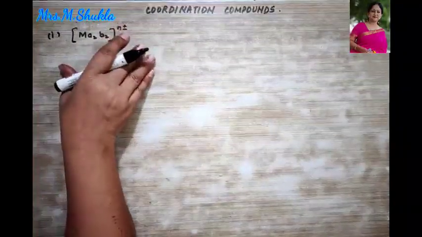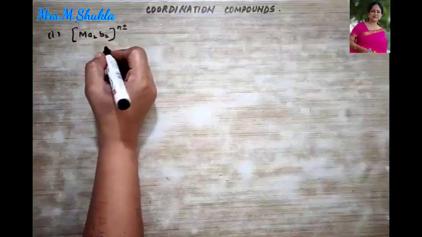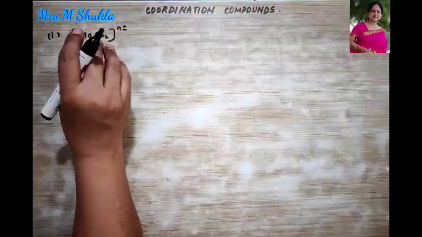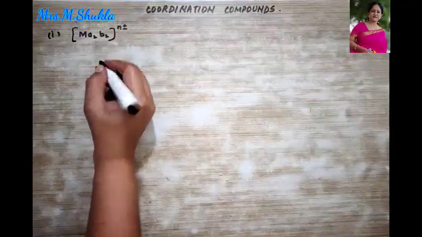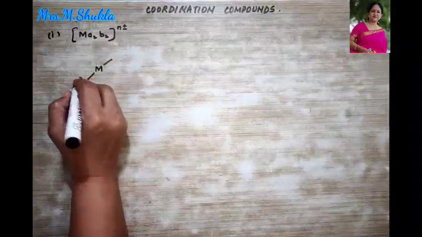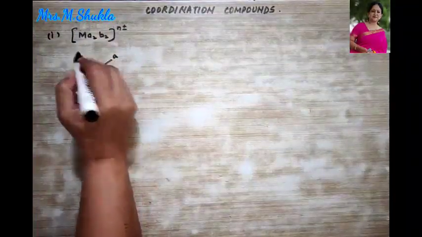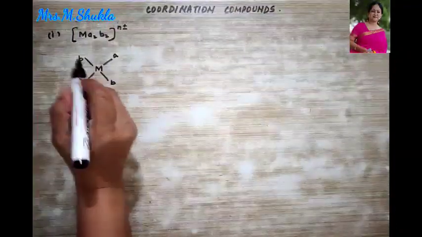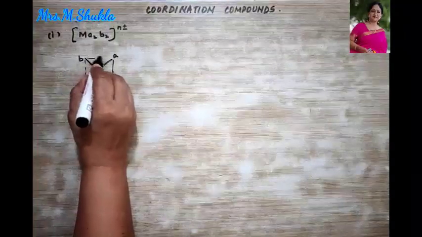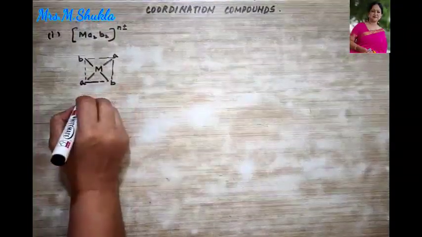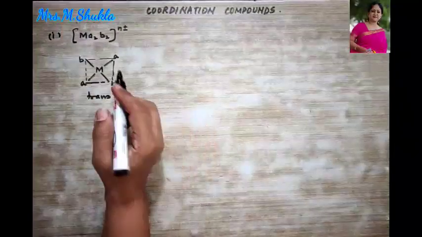Let us look at the structures formed by these square planar complexes. It is going to show you trans and cis. How? This is your central metal atom, A and A. See, two ligands of A are there. This will be B and B. So what if I join them all like this? This is called trans. Why is this called trans?